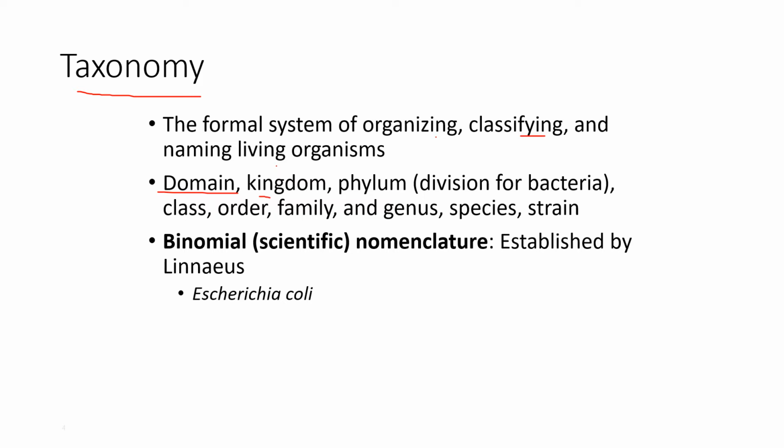Then you have kingdom, phylum. Some books use division for bacteria. Some books even use it for plants. Class, order, family, genus, and species. Now if you're talking about bacteria, you're going to have strains. You have a genus and species of bacteria.